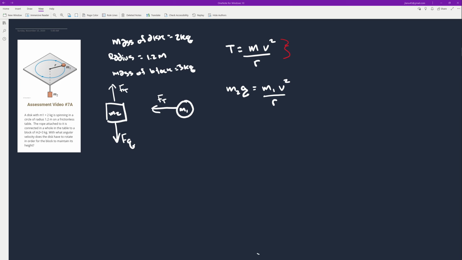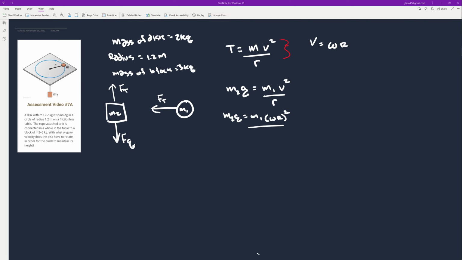And so now we can go ahead and simplify this. In terms of circular motion, velocity is actually equal to angular velocity times the radius. Let's go ahead and replace that. Squared r.